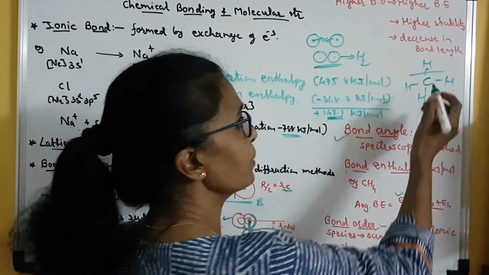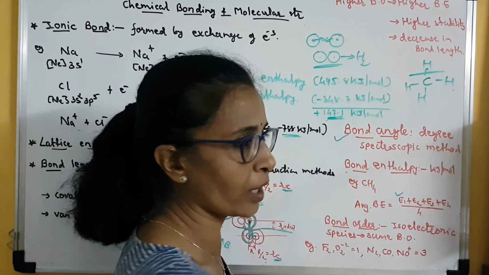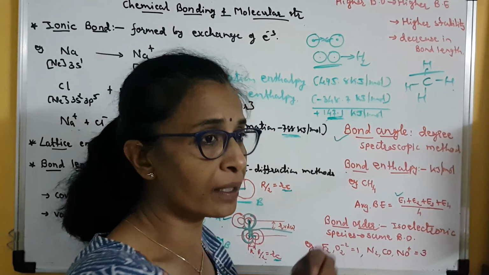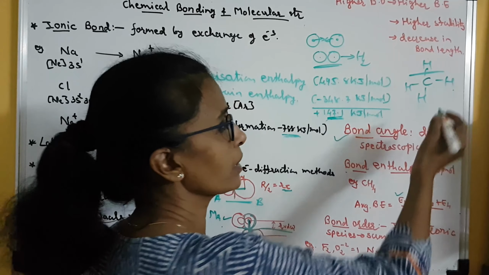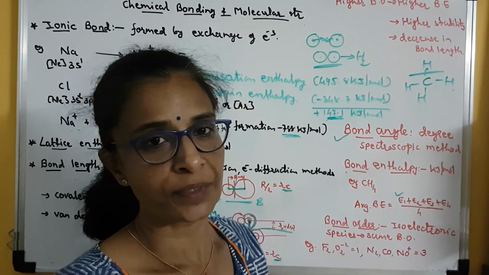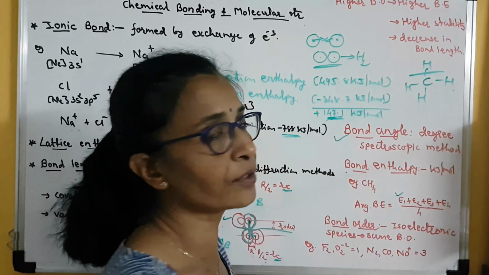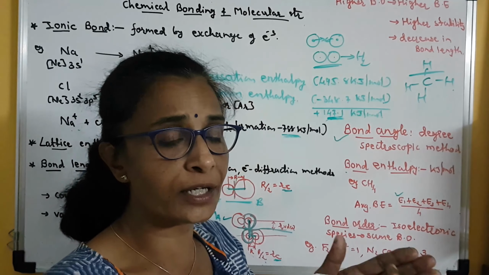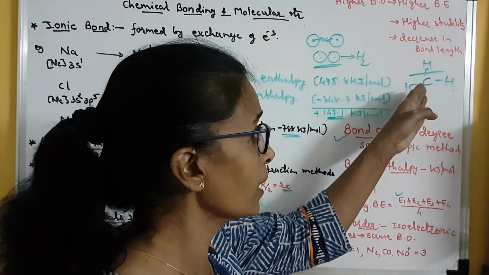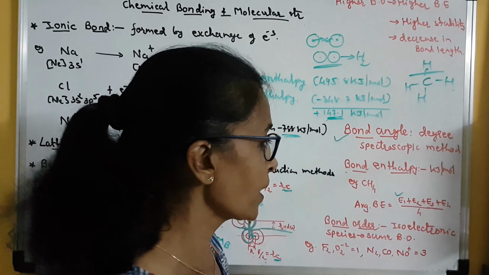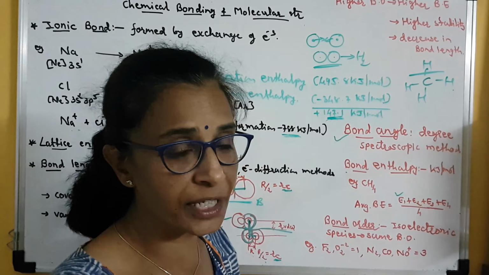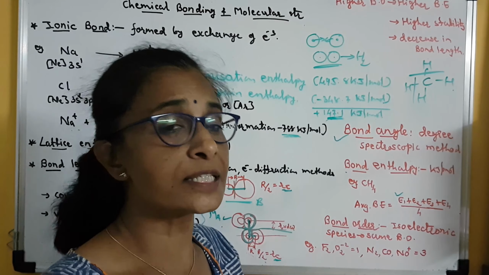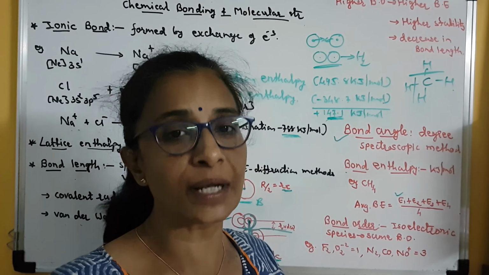Clear? But when one of the 4 bonds is broken, then the behavior or reactivity of this carbon will change, because now it is attracted by 3 hydrogen atoms. Clear? So there will be an effect on the reactivity of the carbon atom, the central atom. And so when this reactivity changes, if the second bond is broken, then a different amount of energy will be required.